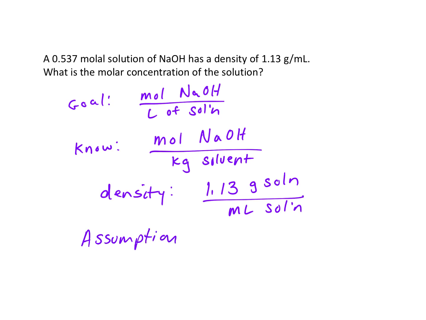I'm going to assume that I have 1 kilogram of solvent. Why am I doing that? If we look at what we know, our molality, if we assume 1 kilogram of solvent, we can figure out how many moles are in 1 kilogram.